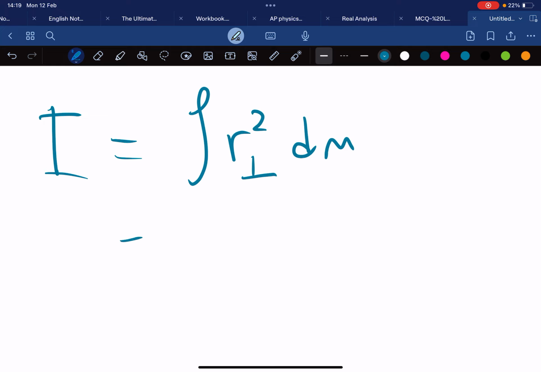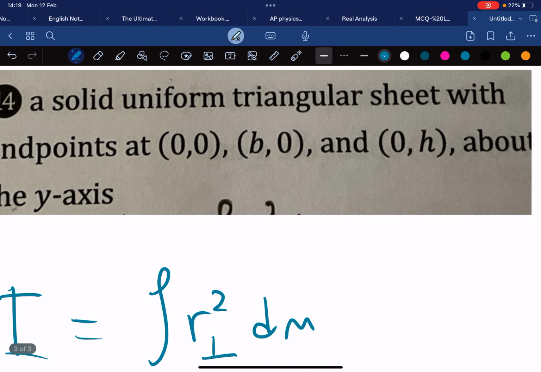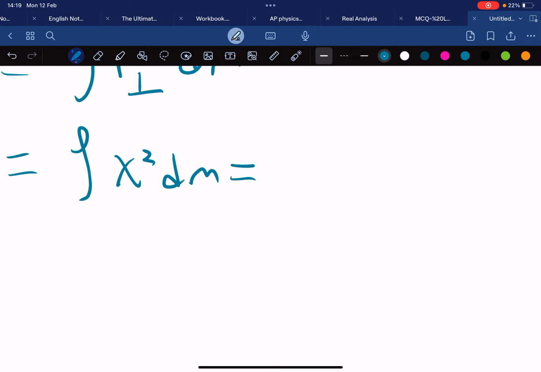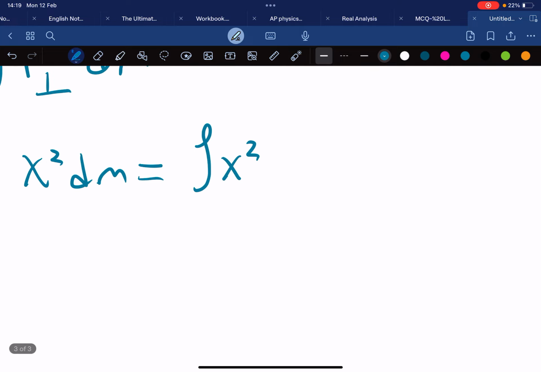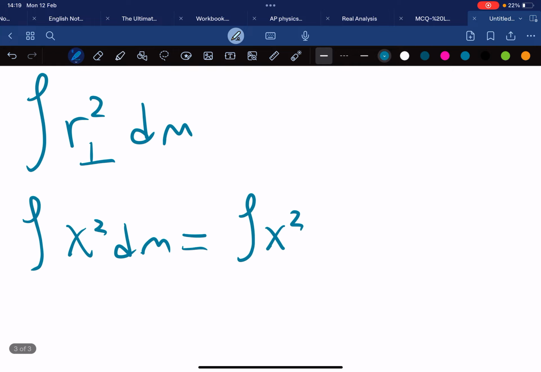And so this is going to equal the integral of x squared dm. And now we need to find out what dm is. Since it says it's uniform, that means this is going to be equal to x squared times dA times density.